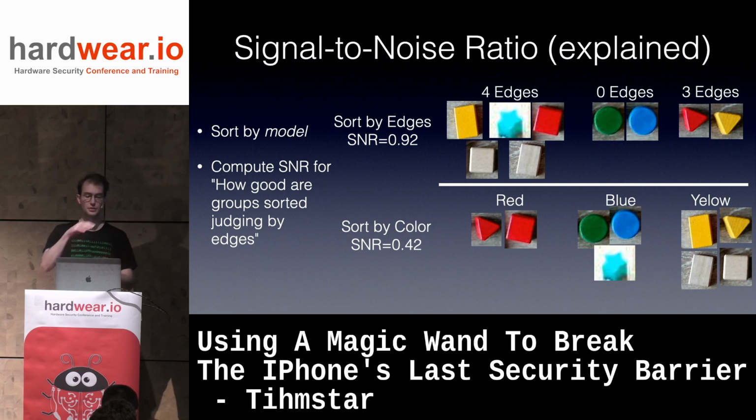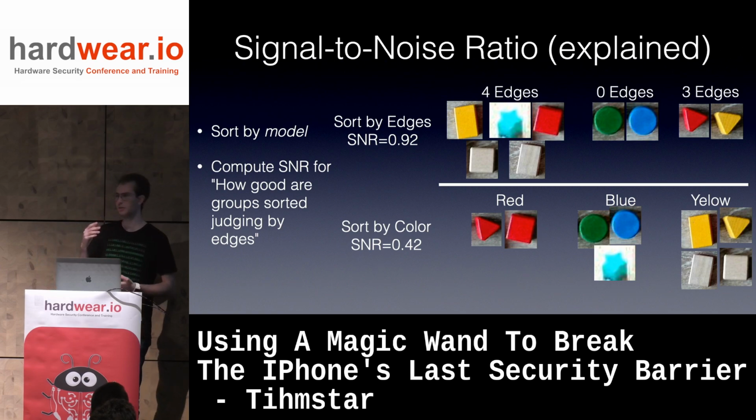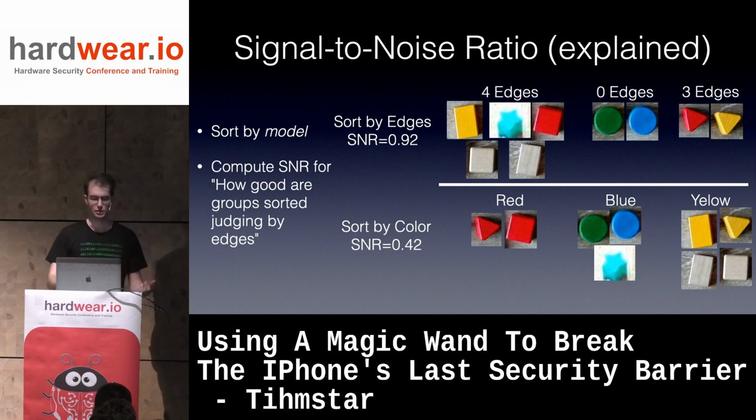So for example, in the top ones, we sort them by edges, and we can see, okay, this is a very good sorting, so the SNR value is 0.92. And in the lower, we sort them by color, and you can see the colors don't actually quite match the groups, so we have like a lower value. So high value means it's distinct, so we want to see high value.